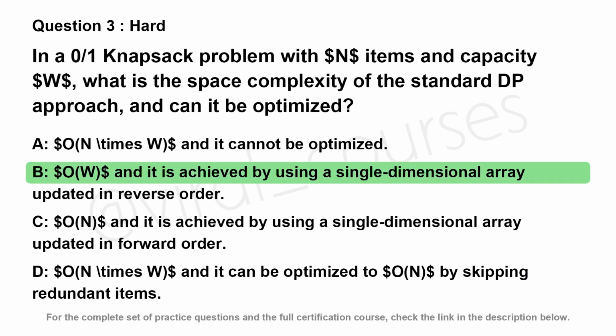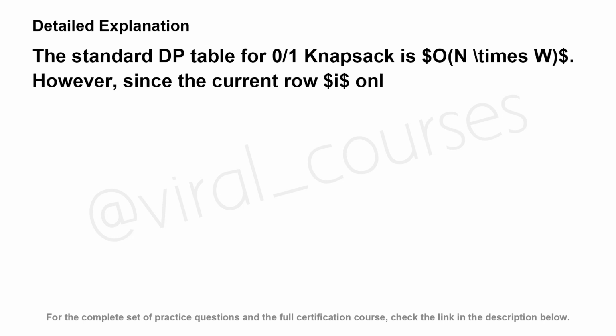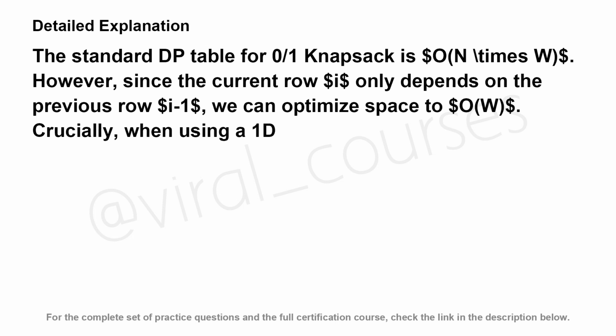The correct answer is B. The standard DP table for 0/1 knapsack is O(n times W). However, since the current row i only depends on the previous row i minus 1, we can optimize space to O(W).